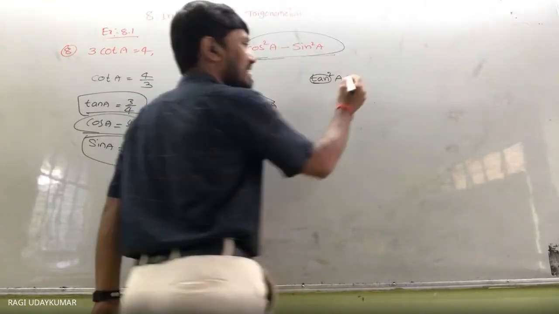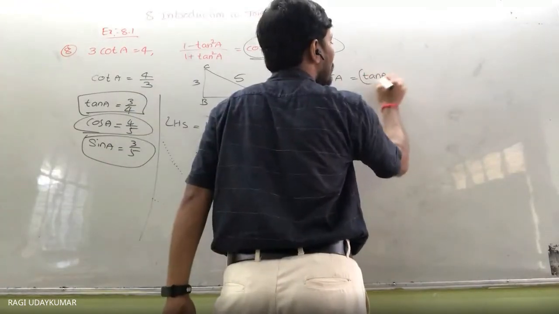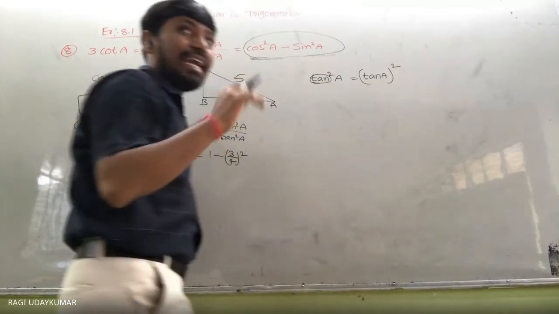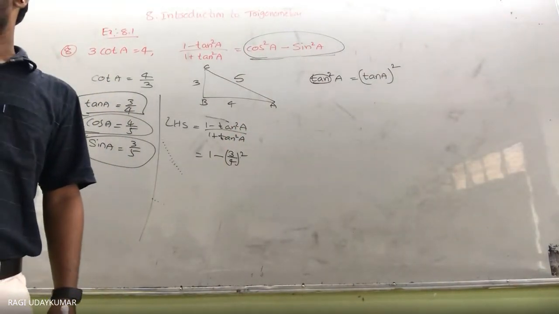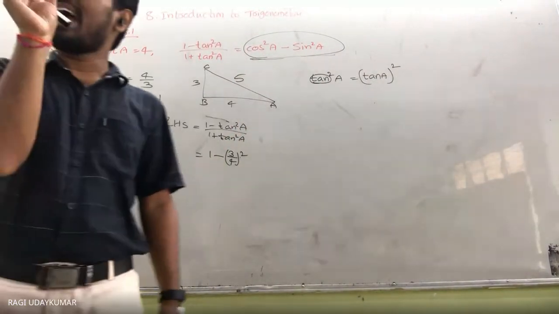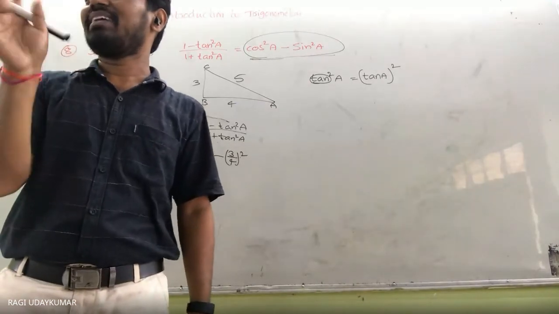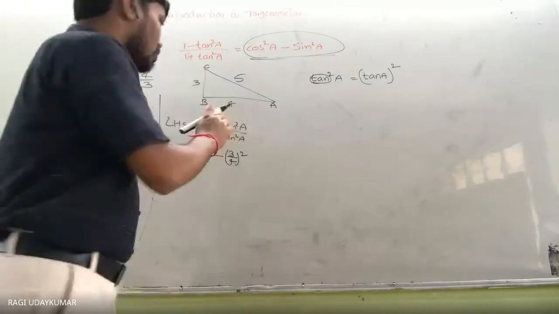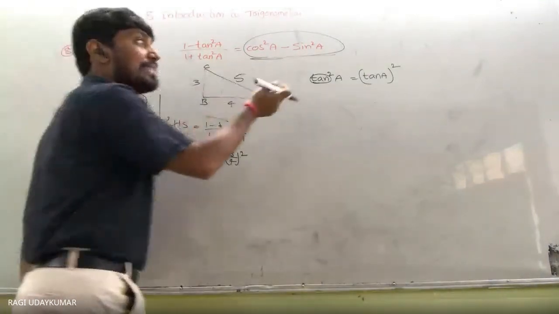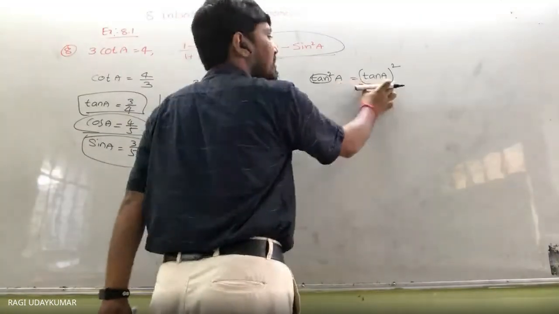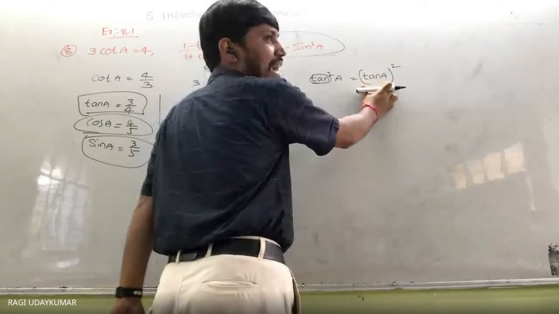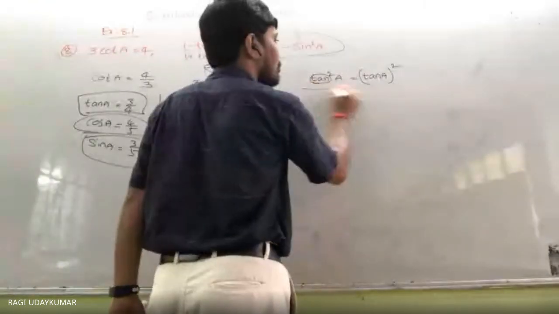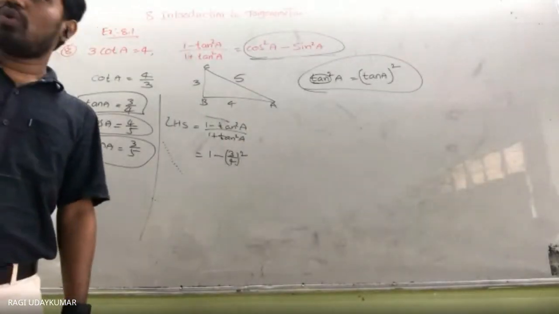This is equal to tan A whole square, tan A into tan A. The square is there only for the tan, so tan will be 2 times. We write this as tan square A, but actually it is tan A whole square.